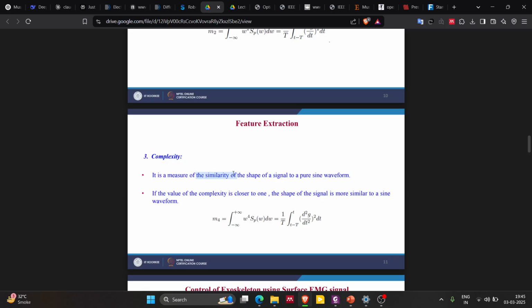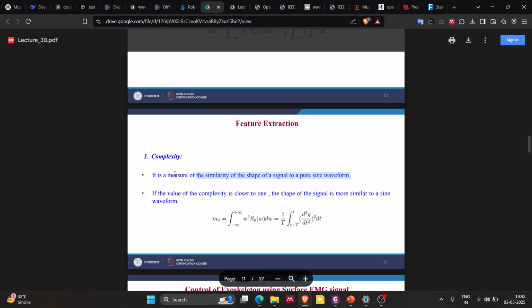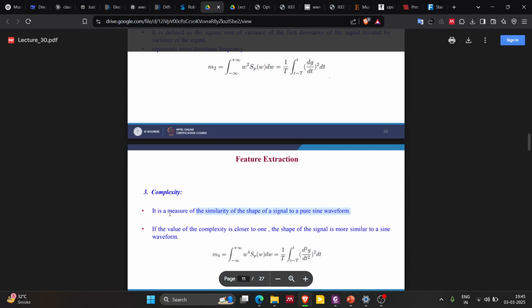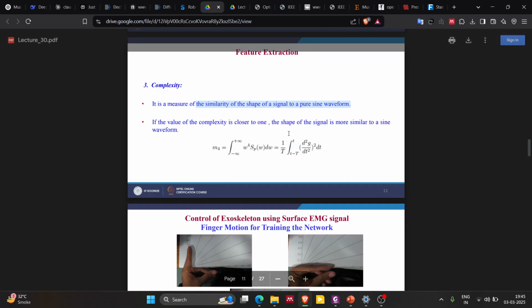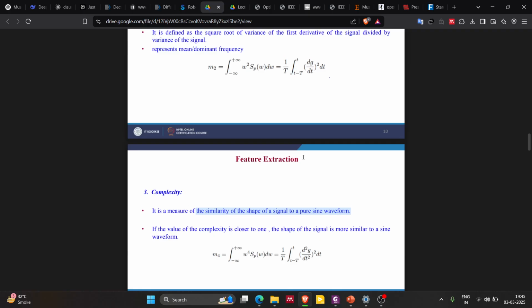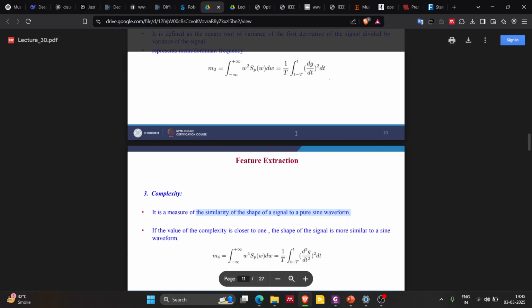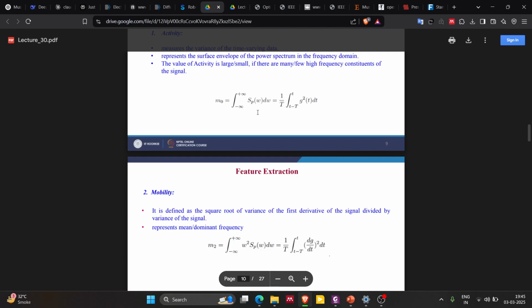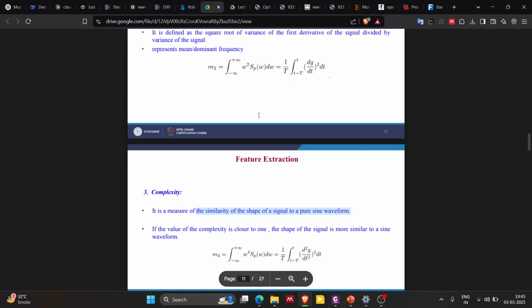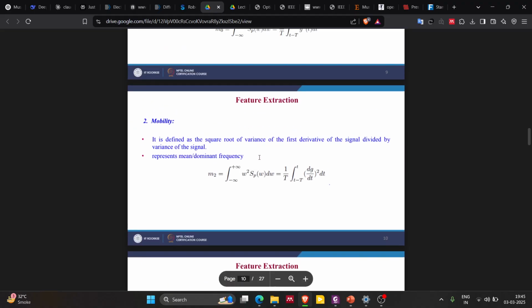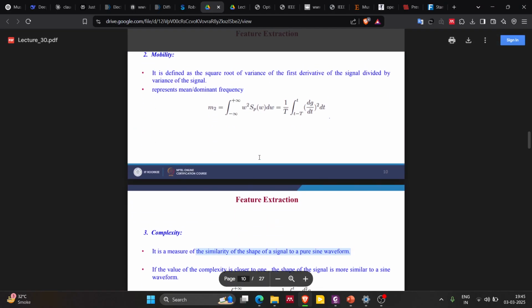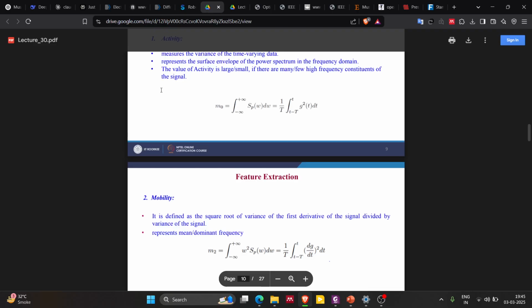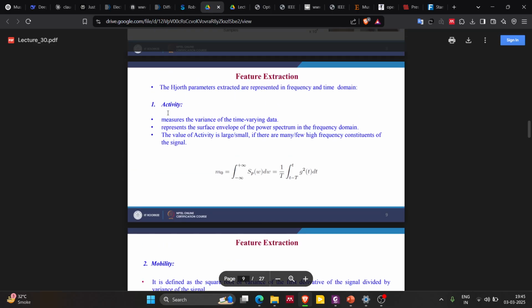It measures the similarity of the shape of a signal to a pure sine wave. So please go through these three features. You don't need to memorize the equations, but please have an overview of how these three are different from each other. Please have an idea about that.